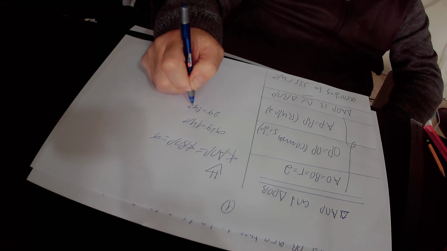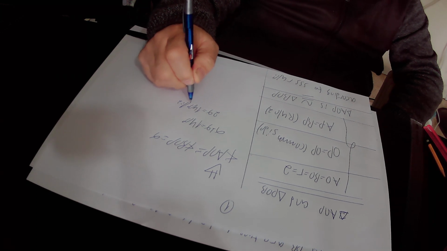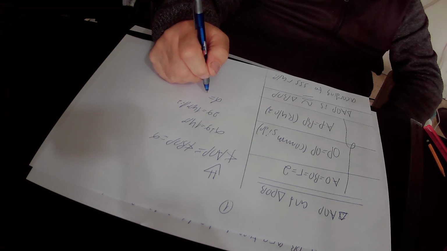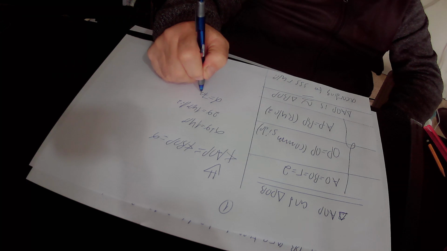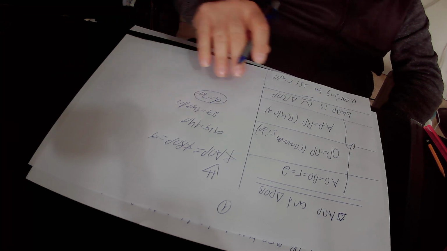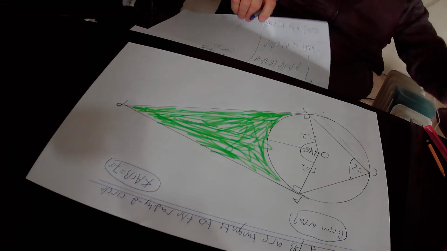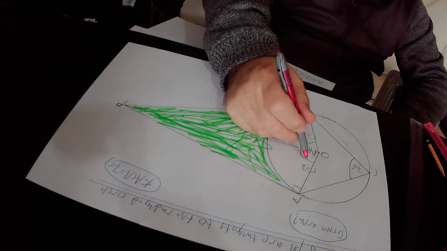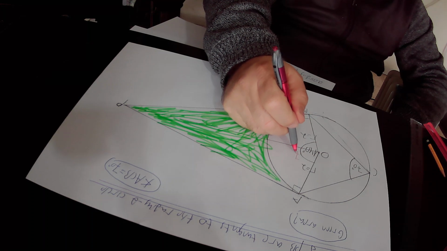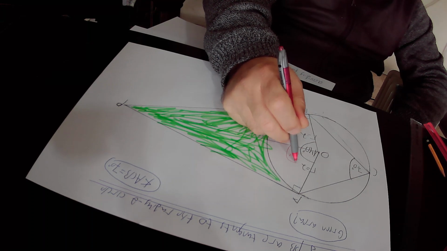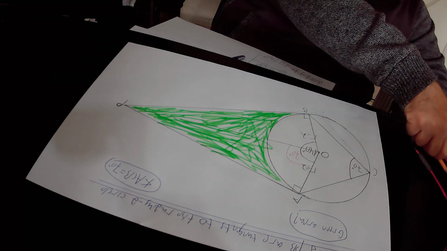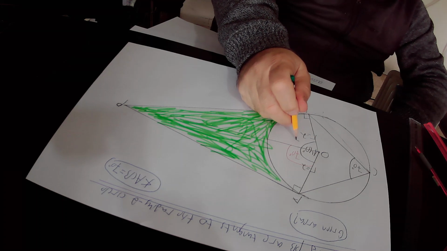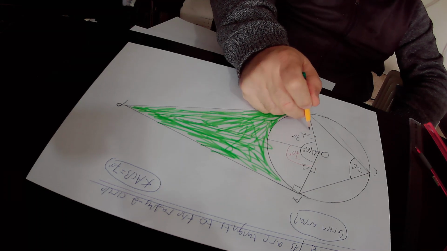Here we divide this equation by 2. And finally we get that the missing angle alpha equals 140 degrees over 2, that is 70 degrees. This angle alpha equals 70 degrees, and this is also angle alpha, equal to 70 degrees.